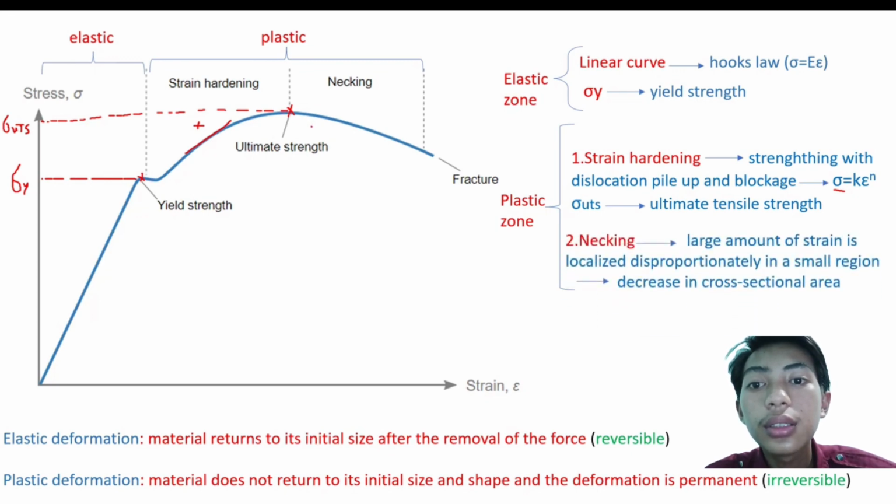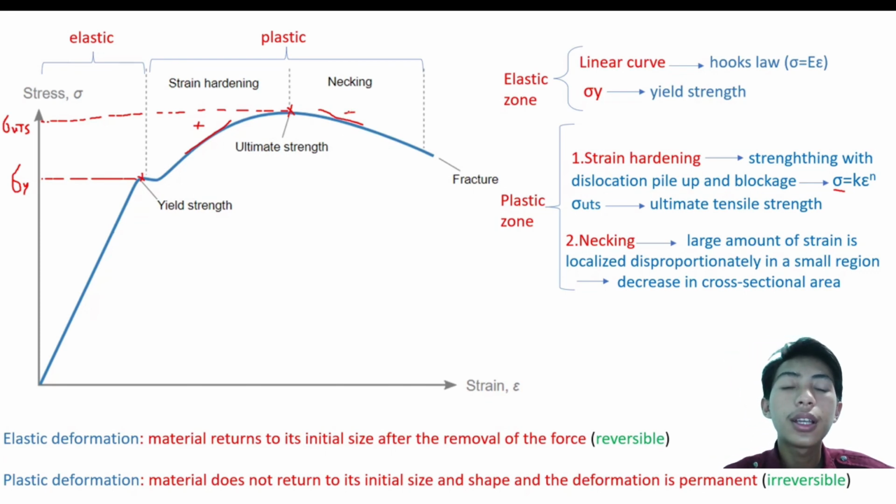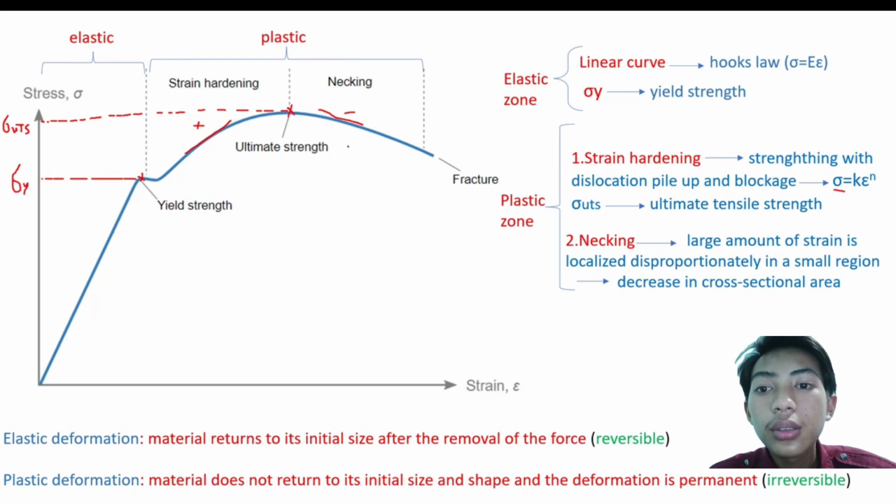It is the highest amount of stress that a material can endure, and it is a very important quantity among the material properties. So we have the yield strength here and the ultimate tensile strength here.